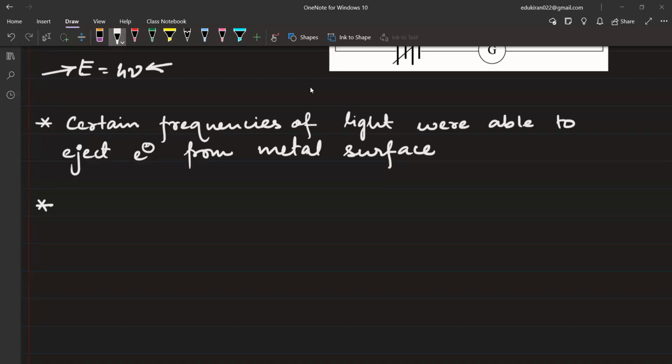That means there will be some minimum energy which is required in order to eject the electron. That minimum energy is known as threshold energy or work function.